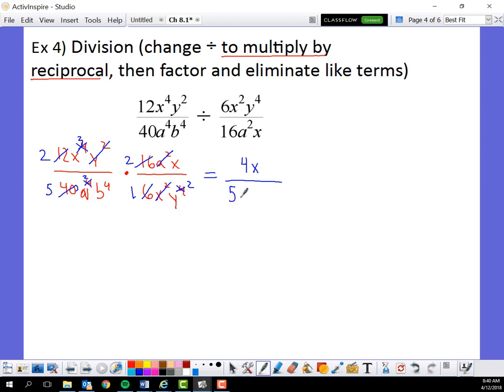So we have 5, a squared, b to the fourth, y squared. Okay? And as you can see, there is nothing else left to simplify there, so that is my final answer. So division is super simple, especially if you know how to multiply, because just remember, division, we change the problem to multiplying by the reciprocal.